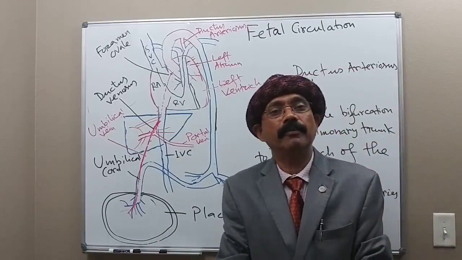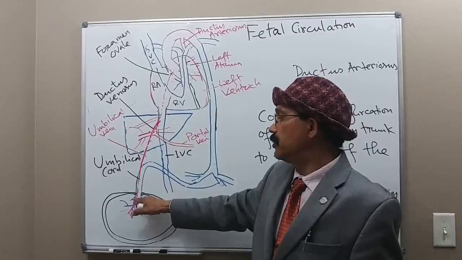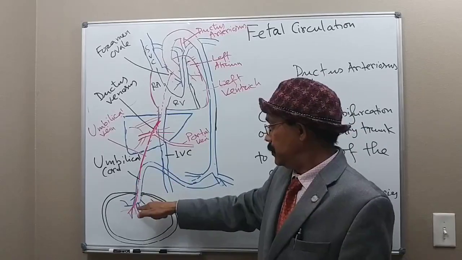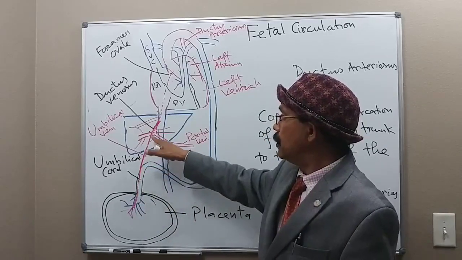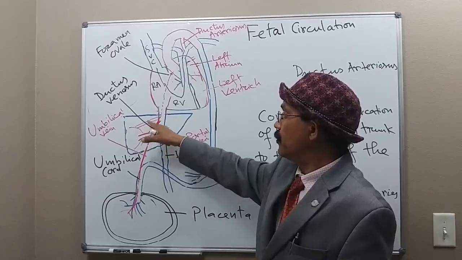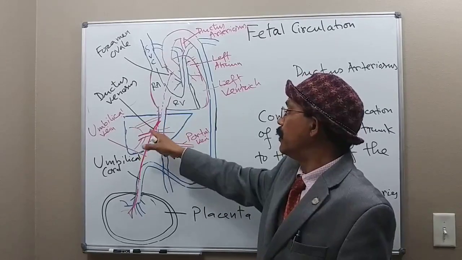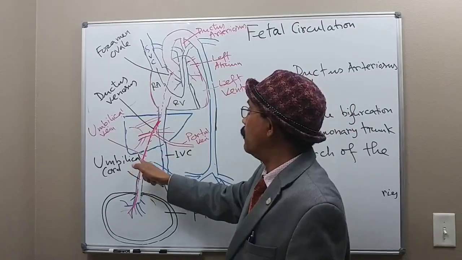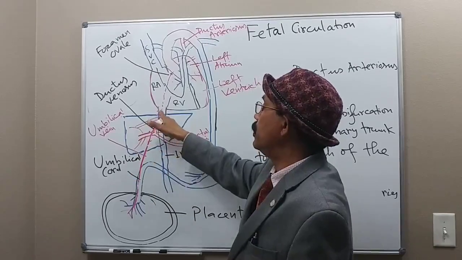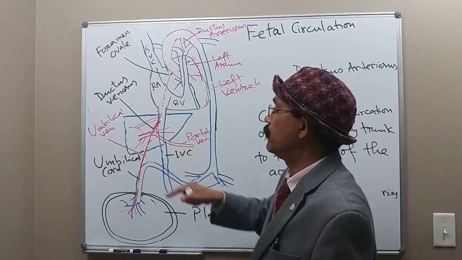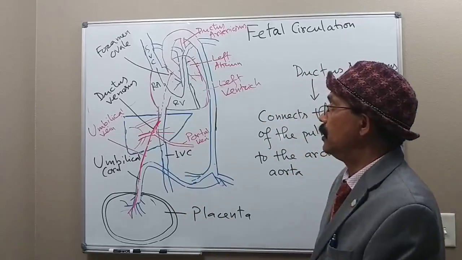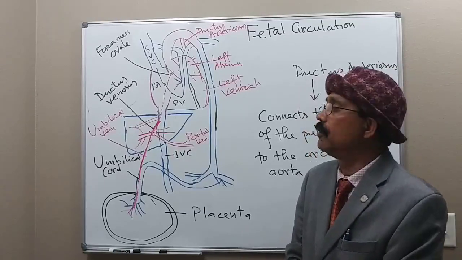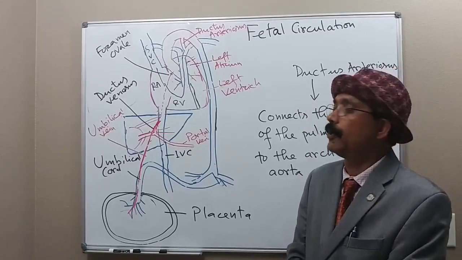So let us summarize again. Oxygen rich, nutrition rich blood from the placenta goes to the liver. It bypasses most of the liver; around half of the blood in the umbilical vein goes to the inferior vena cava through the ductus venosus. Ductus venosus is a communication between the left branch of the portal vein and the inferior vena cava.